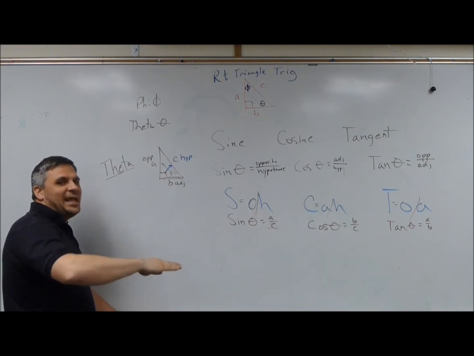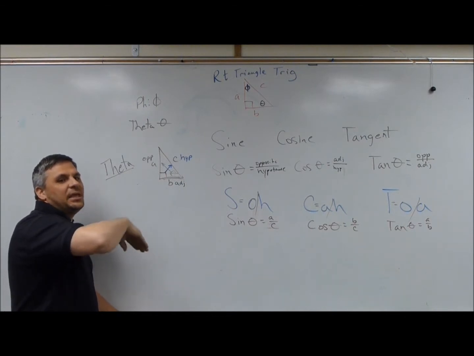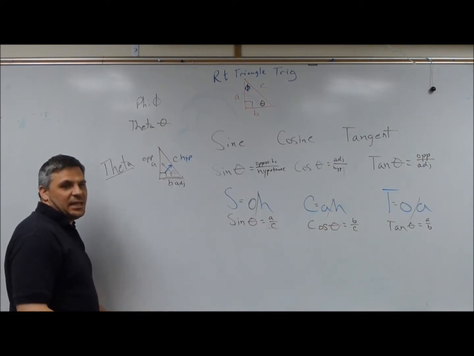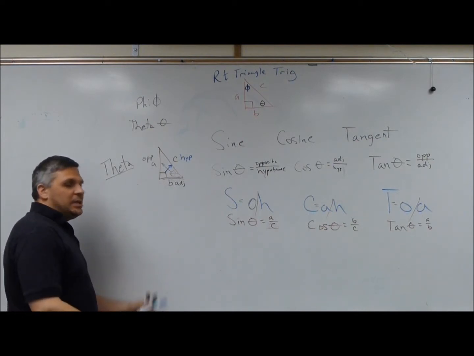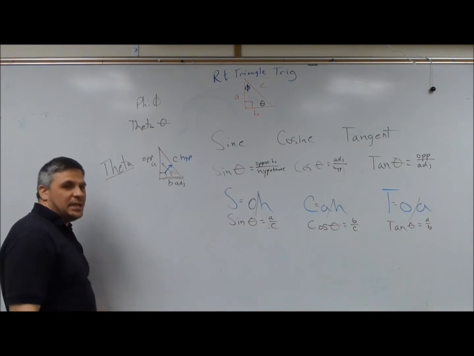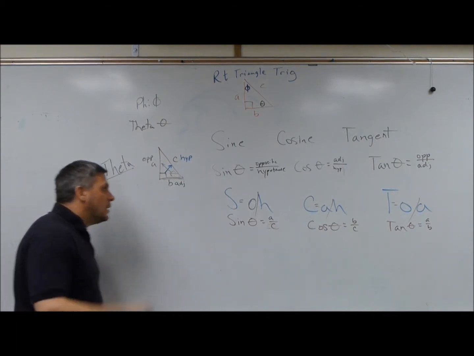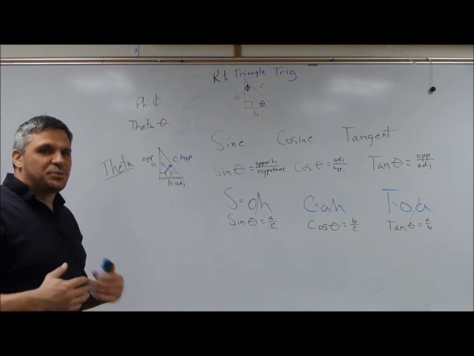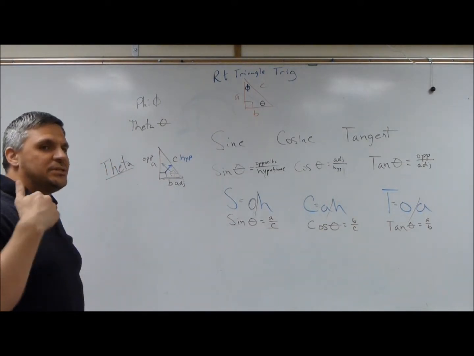It's adjacent. It is touching the angle. The opposite is not touching the angle. The adjacent leg is touching the angle. So, with that, we come up with this right triangle trig called SOHCAHTOA.